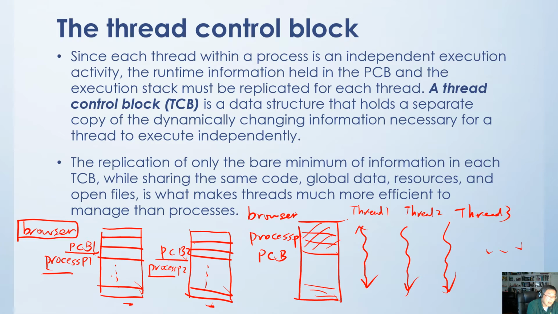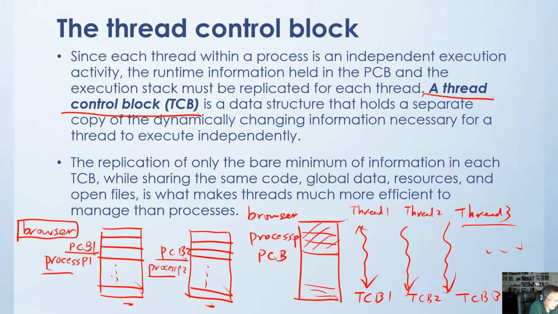Because each thread has its own thread of control, each thread requires a dedicated structure to keep track of it, and this is called a thread control block, TCB. This one also has a TCB, and this one has TCB 3, thread 3.